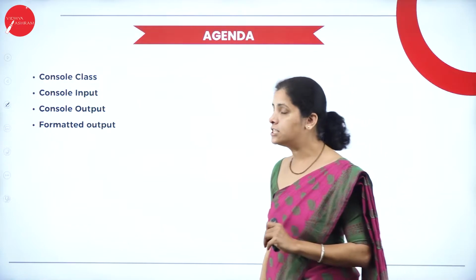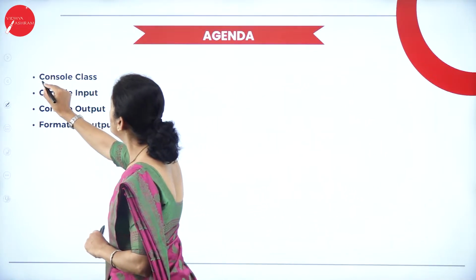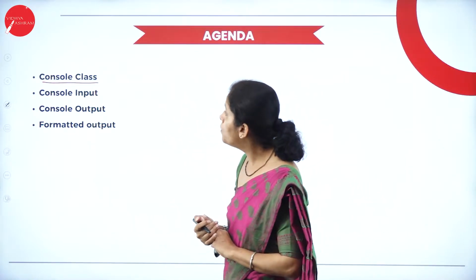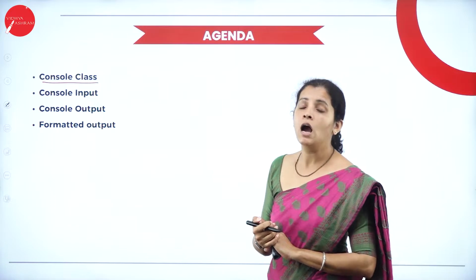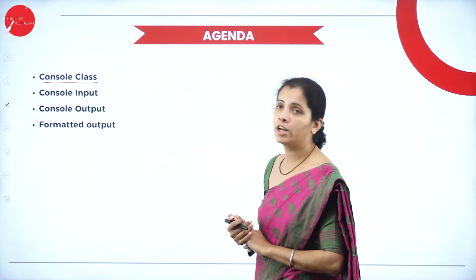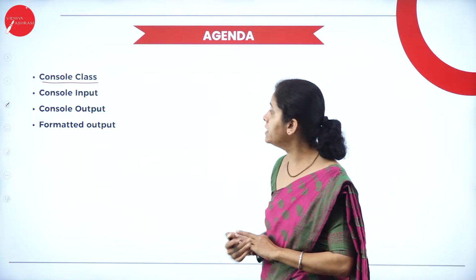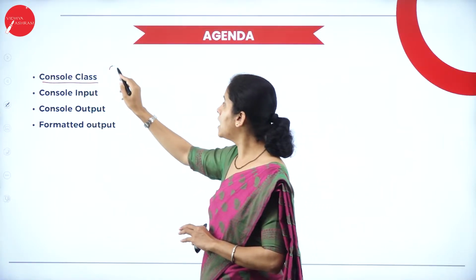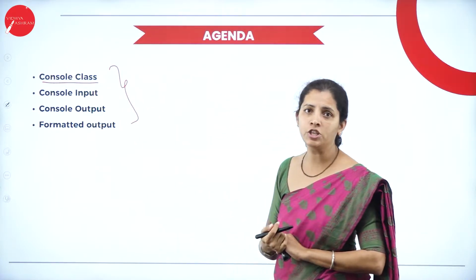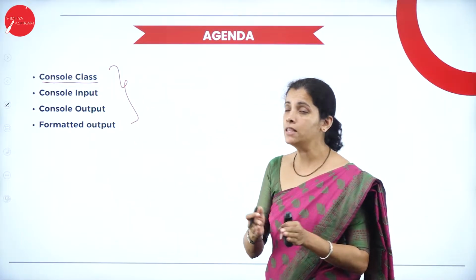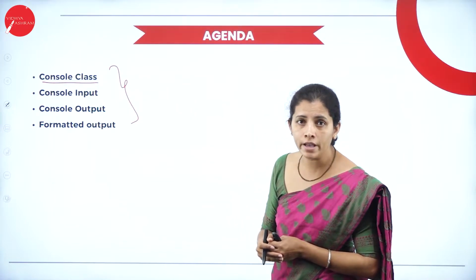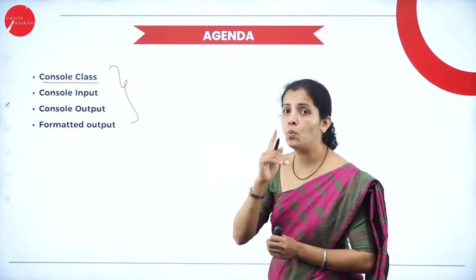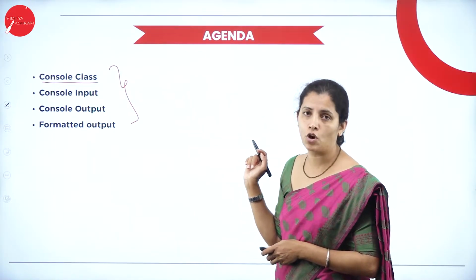Now, in today's session, I'm going to deal with the Console class, along with what is console input, what is console output, and formatted output. These are the topics I'm going to deal with in today's session. And dear students, once again, this topic is also very important, because in your final exam, you can expect one sure question under this topic.